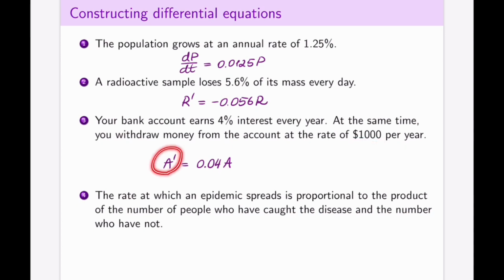So the rate of change of the money in your account depends 4% on what you earn with interest minus $1,000 that is a constant by itself, does not get multiplied by A because it is completely independent of whatever else you have in the account.